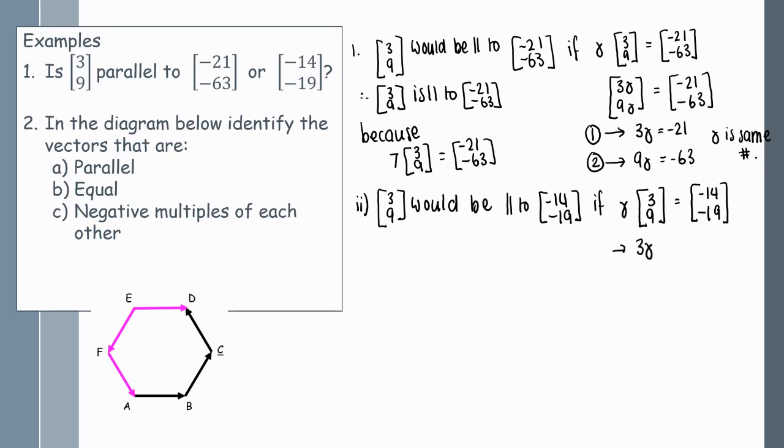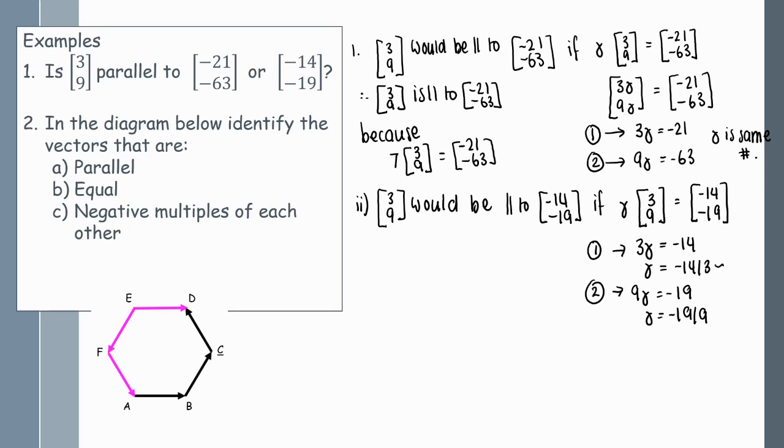First equation, 3 gamma equals minus 14. Second equation, 9 gamma equals minus 19. Divide the first equation by 3, and we get gamma equals minus 14 over 3. For the second equation, we get gamma equals minus 19 over 9.